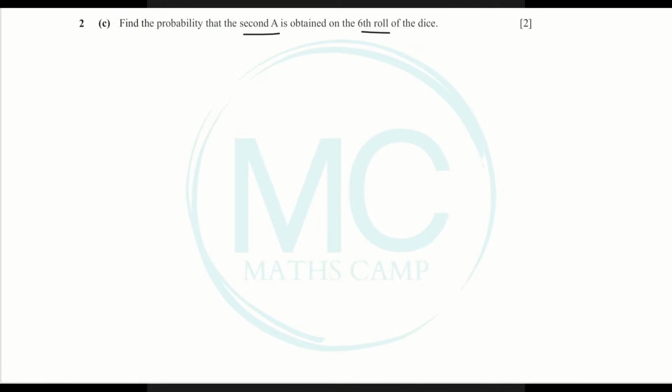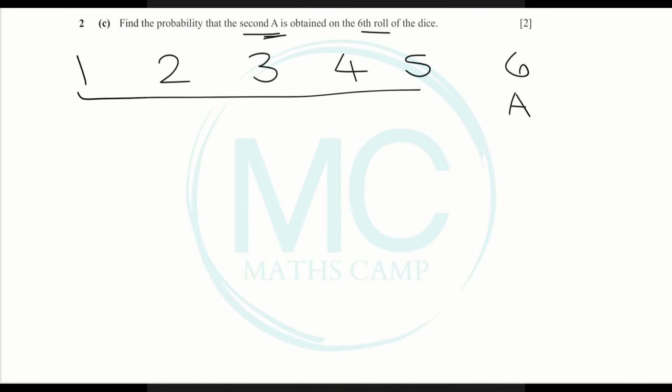So let's say we have our first roll, second roll, third roll, fourth roll, fifth roll, and sixth roll. The second A is obtained on the 6th roll. So that will be an A. If it is the second A, that means that in the first 5 rolls, we will get 1 A and 4 values that are not A.